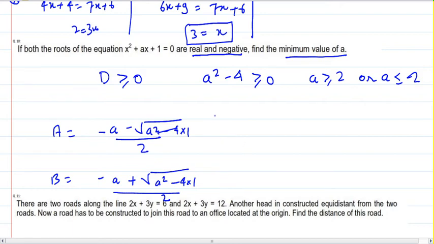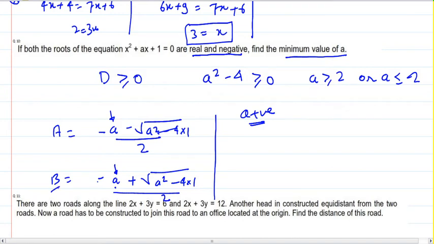See, I want this to be negative. I want both these values to be negative. See, if a itself is a negative number, so minus minus becomes plus. This plus and this plus becomes positive. So I want a to be a positive value.